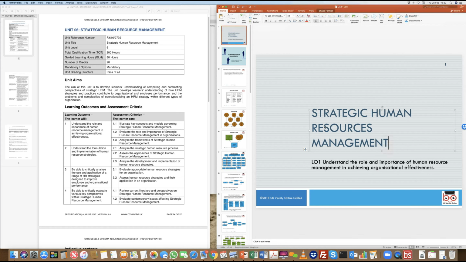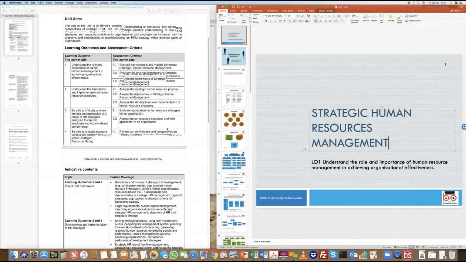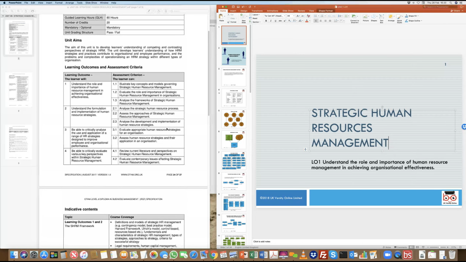So we'll understand this concept in 4 learning outcomes in this unit. In the first one, we want to understand why human resources is important, the importance of HRM. In short, I will say: why and what is the role of HRM within an organization, and why is their role critical to help the business achieve an objective?